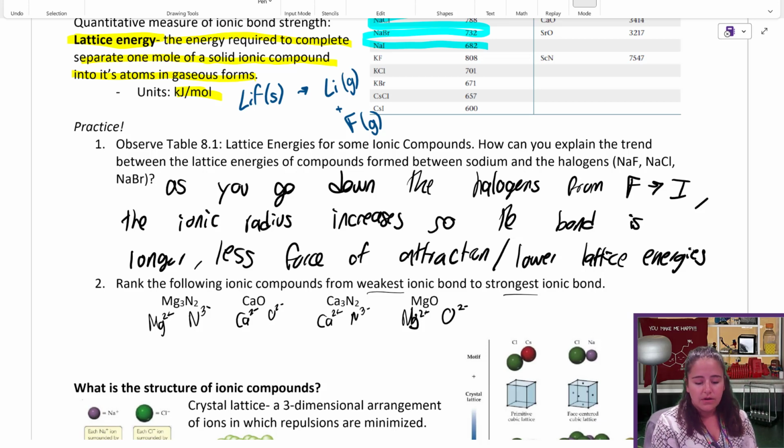Some of these we can already tell immediately. The magnesium and the nitrogen have a stronger charge, so that's going to be a bigger bond. And then we have the calcium and the oxygen.